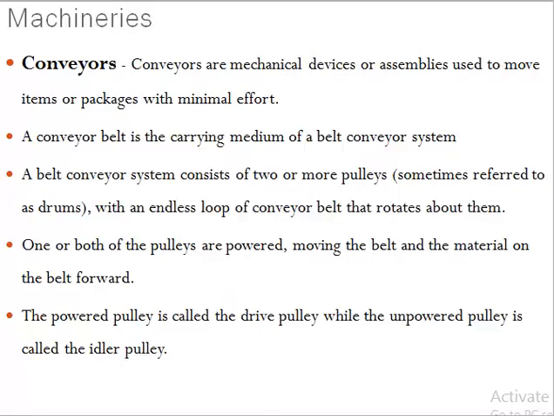Now, we can have conveyors where only one pulley is powered and the other one is a trailing pulley, or if the load is more, we can have both the pulleys powered or connected to a power source. The powered pulley is known as the drive pulley, while the unpowered pulley is called the idler pulley.